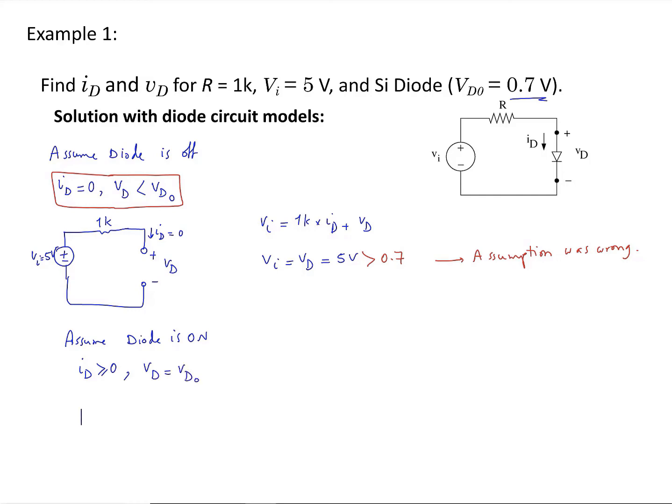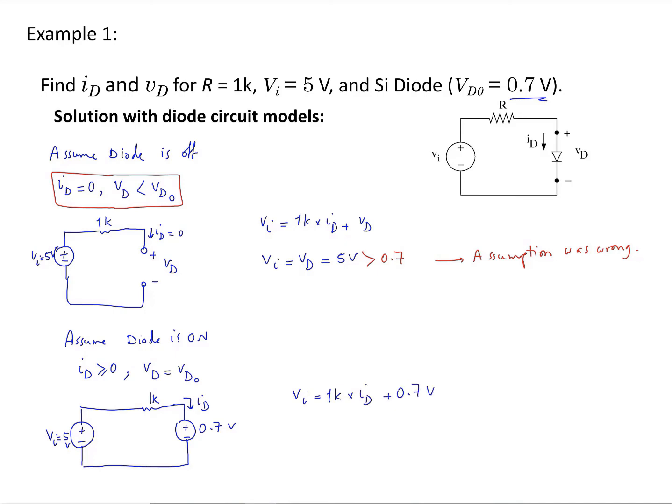The circuit model, I'm going to draw the circuit again, and that is going to be this 1K, and I'm going to replace the diode with its constant voltage drop model of 0.7 volts, and this is again my ID, and this is VI, which is 5 volts. Now again I can write KVL in here. VI equals 1 kilo ohm multiplied by ID plus 0.7 volts.